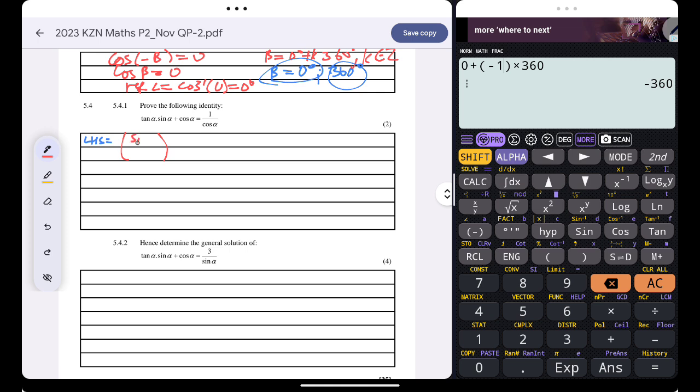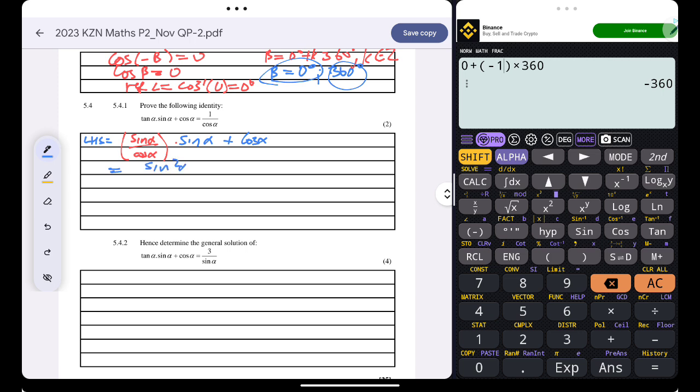Tan can be written as sine alpha over cos alpha, right? And then this thing is still multiplied by sine alpha plus cos alpha. Right, together, and then I'll have sine squared alpha over cos alpha plus cos alpha.